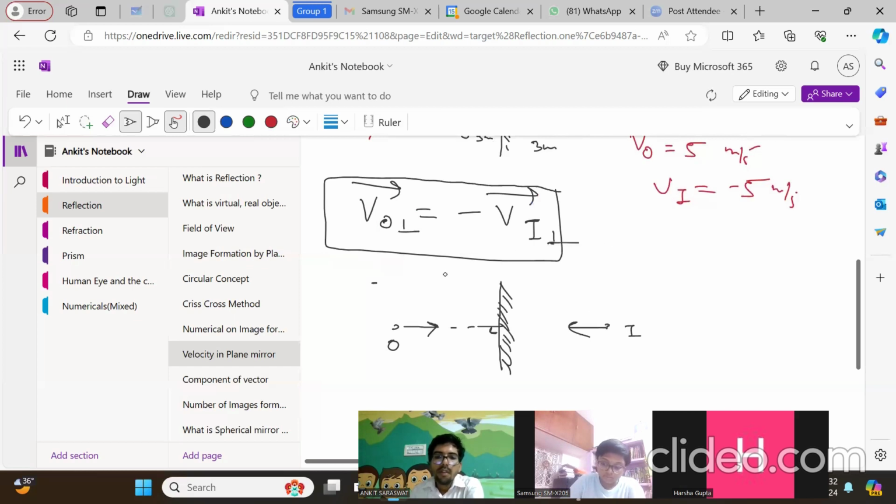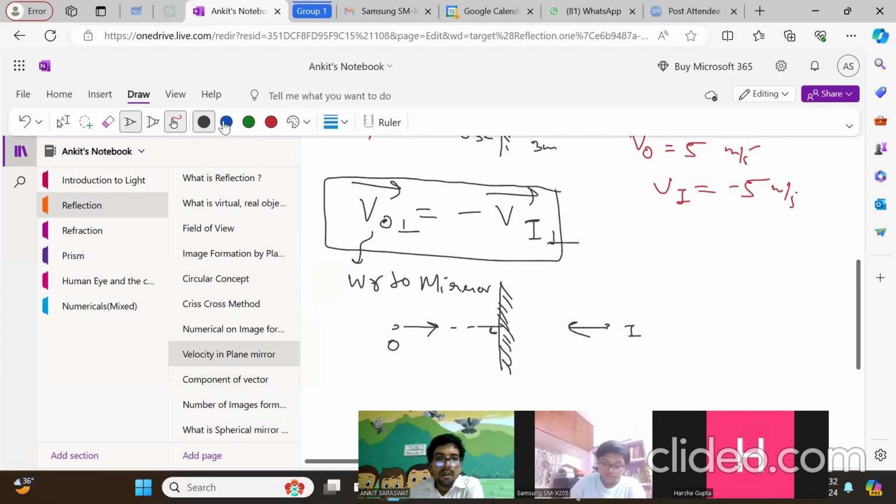If the object moves 5 meter per second with respect to the mirror, perpendicular, then the image will move the same, but perpendicular. Remember, all the things I am writing here are with respect to the mirror. The mirror is at rest, that is why we will not consider the velocity of the mirror. Any doubt? No doubt, sir.